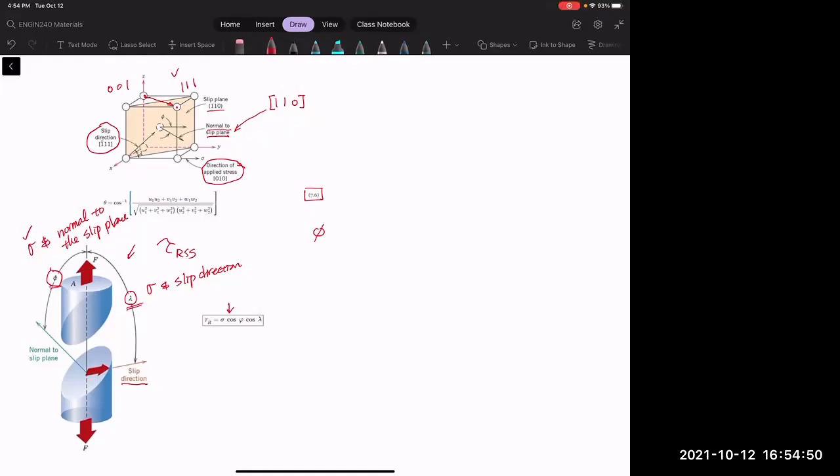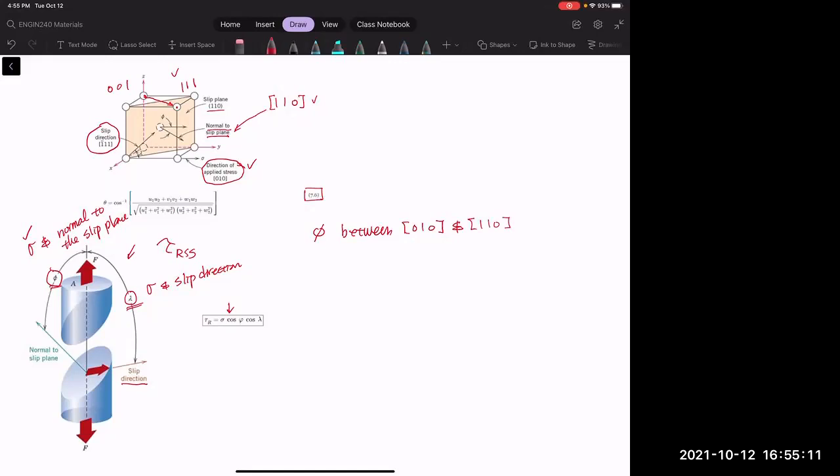This angle is between the applied stress, 0, 1, 0, and the normal to the slip plane, 1, 1, 0.